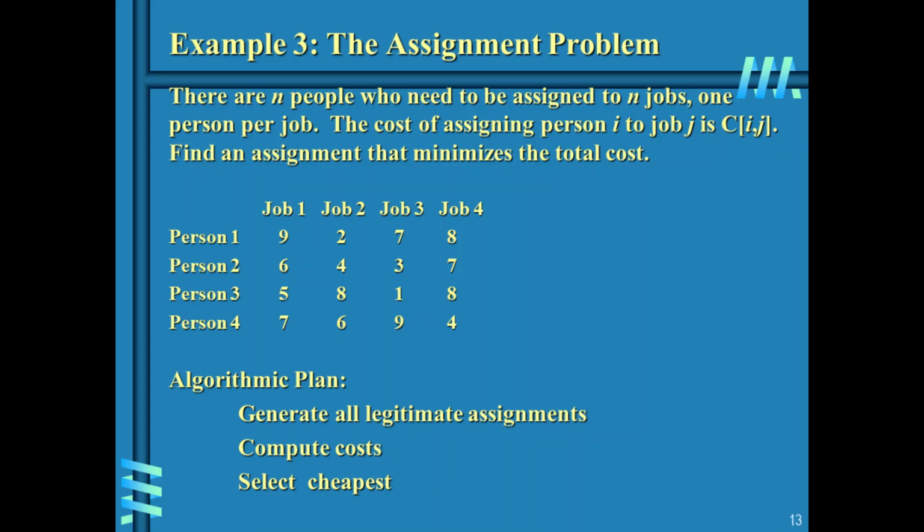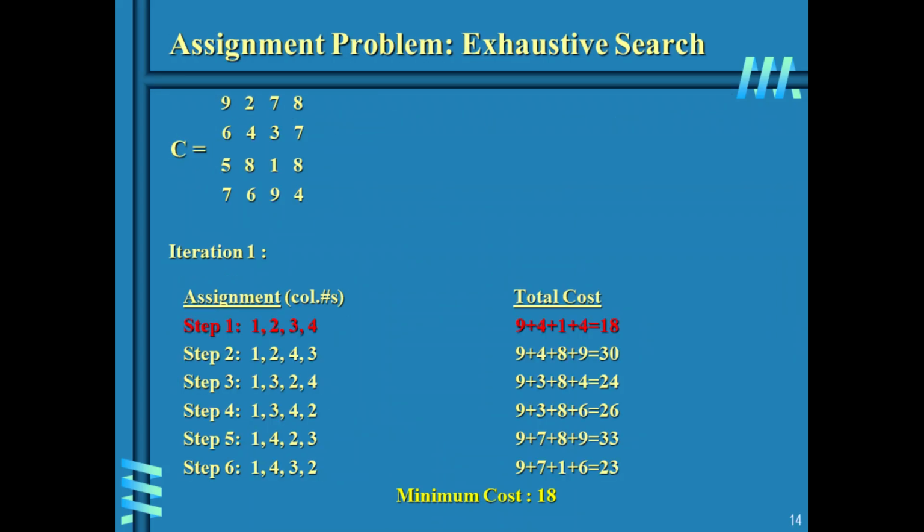Now let's start with the problem. In iteration 1, I am trying to fix job 1 to person 1 and try other combinations of jobs for the remaining persons.